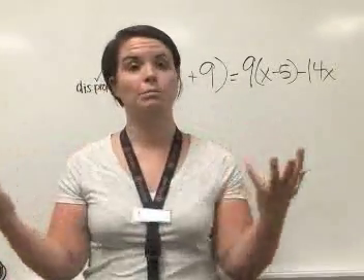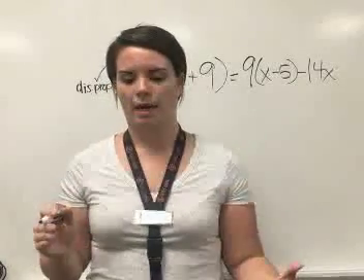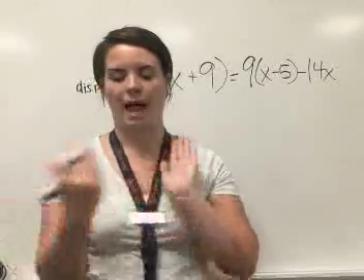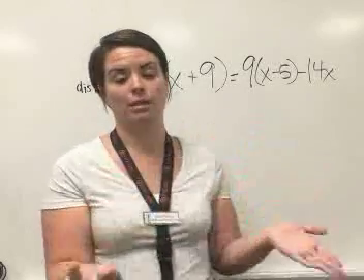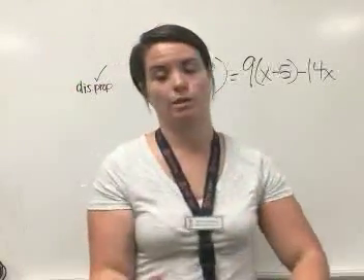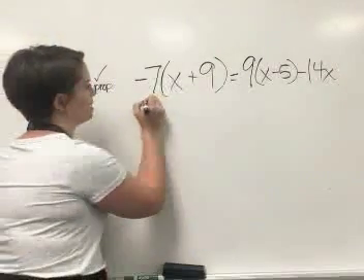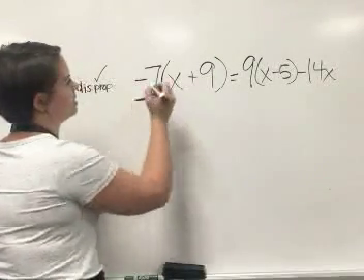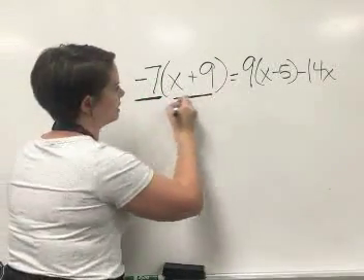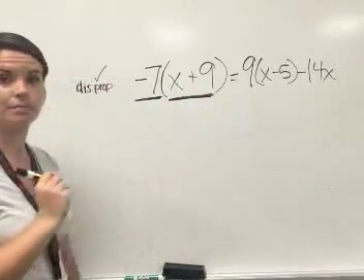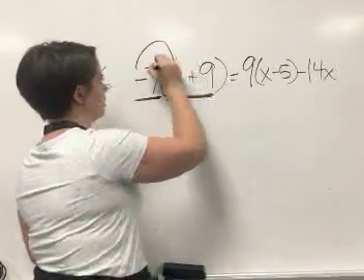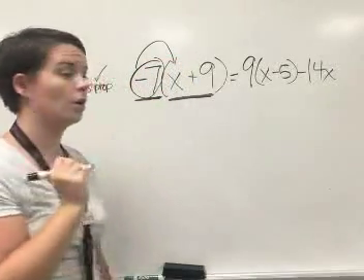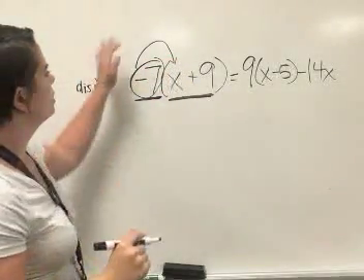So you're going to multiply a single term outside of the parentheses by any term found inside the parentheses. So this is my single term outside the parentheses, and I'm going to multiply it by everything found inside the parentheses. So I have to multiply -7, this whole number, the negative included, by everything inside.